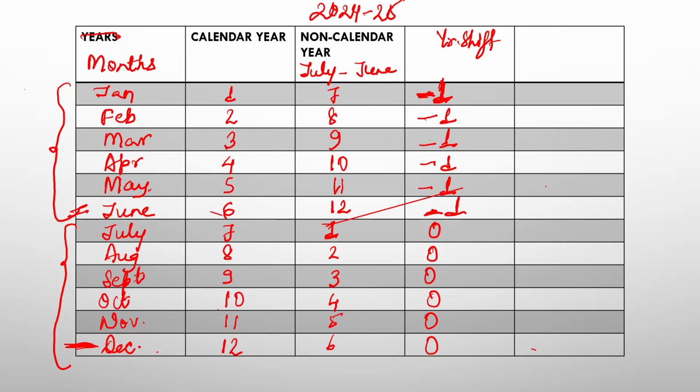But our client wants that from July onwards 2025 be followed. But as I told you, the invoice will be posted as per the calendar year, that we are in 2024 till December, right?